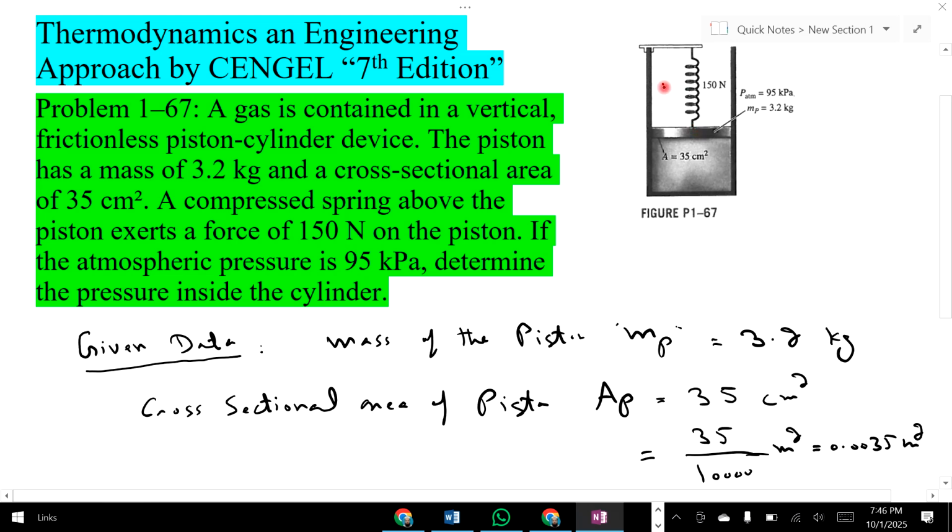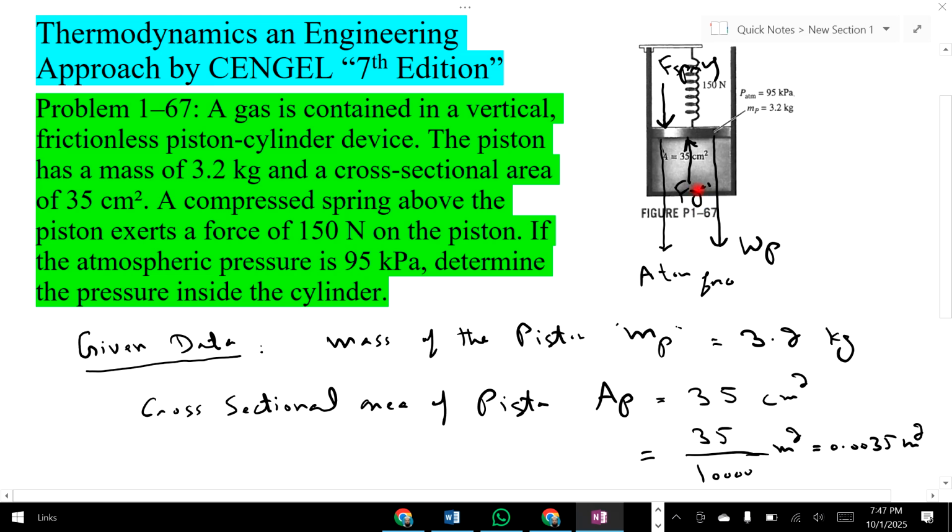Force of spring is in downward direction. Similarly, weight of piston is in the downward direction, and similarly atmospheric force is also in downward direction, and the force of gas or working fluid is in upward direction.